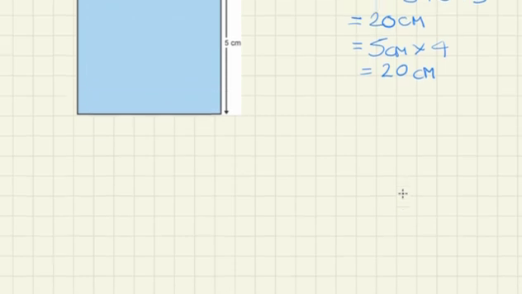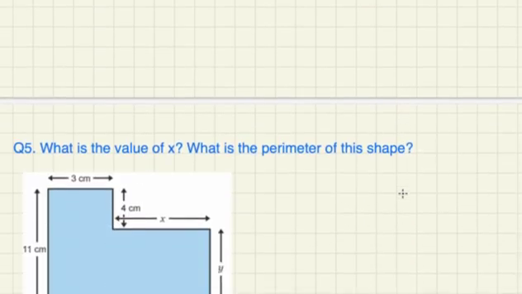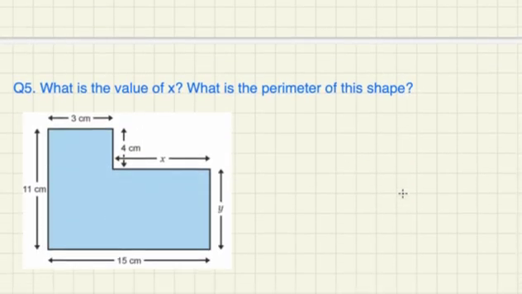So how about this funny shape over here? Okay, so question 5 is, what is the value of x, and what is the perimeter going around? So give it a go and we'll speak in a few seconds time.